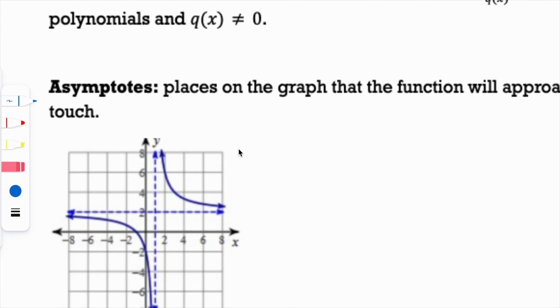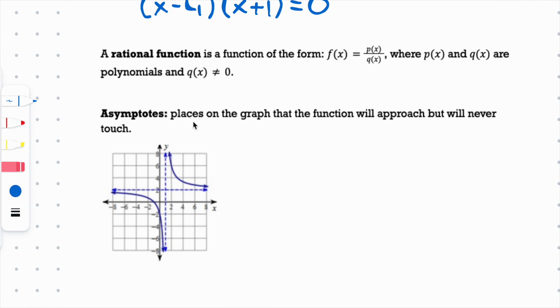So that's the definition of an asymptote: places on the graph that the function will approach but never actually touch. For example, we have this vertical asymptote going up and down, and this part of our function gets closer and closer to that line but never actually touches it, right?